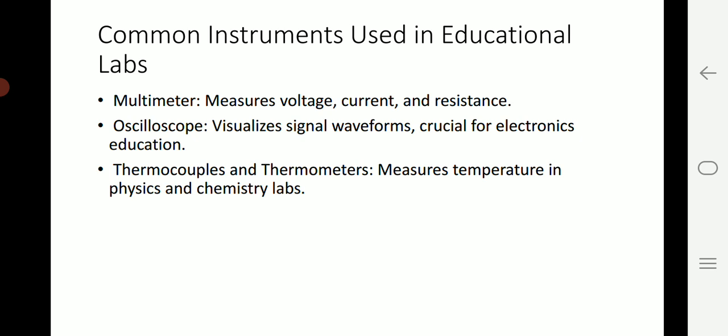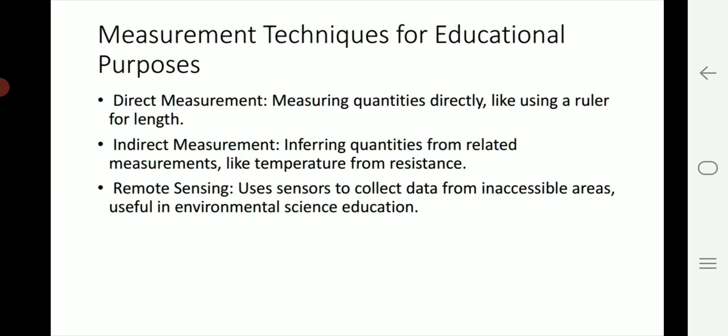Thermocouple and thermometer measure temperature in physics and chemistry labs. Not only this, there are a number of measurement instruments. For example, Vernier calipers, useful in physics lab, and ammeter, voltmeter. A number of instruments are there.